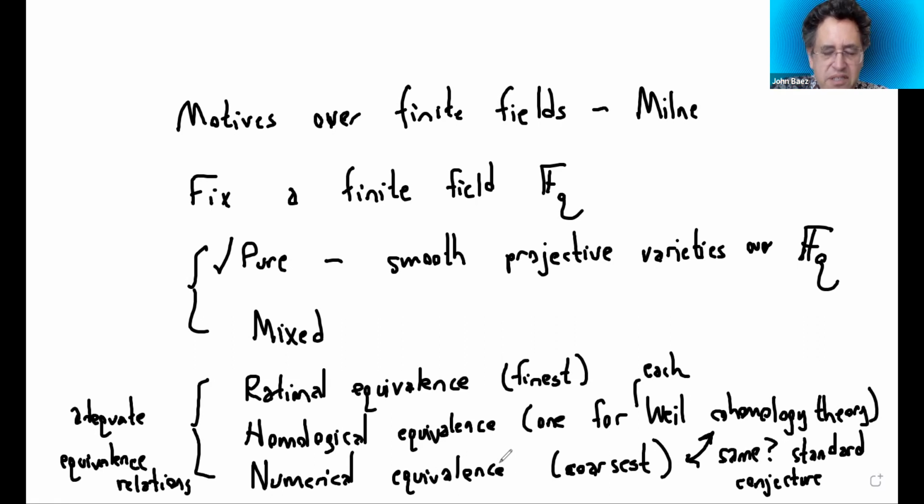what the simple objects in the category of pure motives with numerical equivalence are parameterized by, what they're like. I'll say what they are with quotes around it, in the sense that if I told you what finite dimensional vector spaces are, I would just say, well, they're dimension. That's all there is to them.